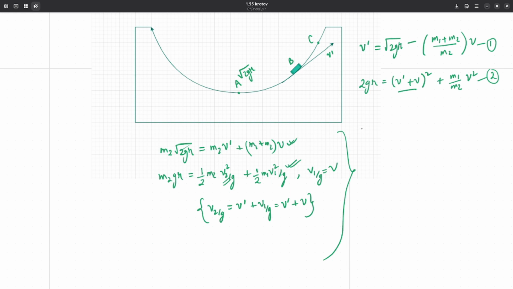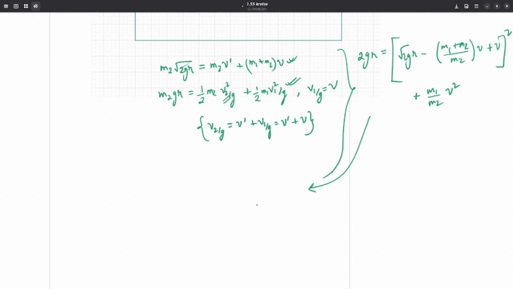Now, putting equation 1 in equation 2 in place of v prime, we get 2gr is equal to (root 2gr minus (m1 plus m2) by m2 v plus v) whole square plus m1 by m2 v square.